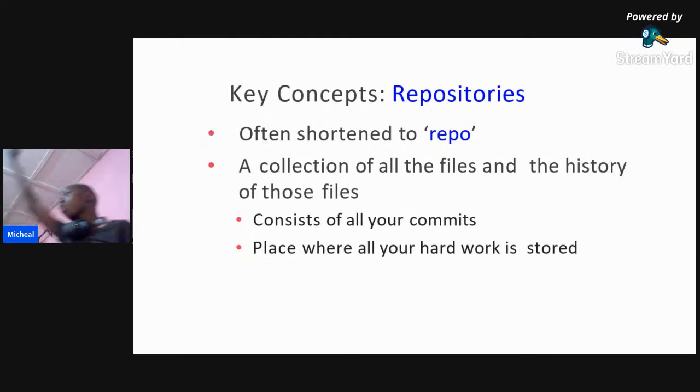This brother can put his code. That brother can put his code. Every one of us here can put our code. Yes. So that's what we call a repository. Are you following?